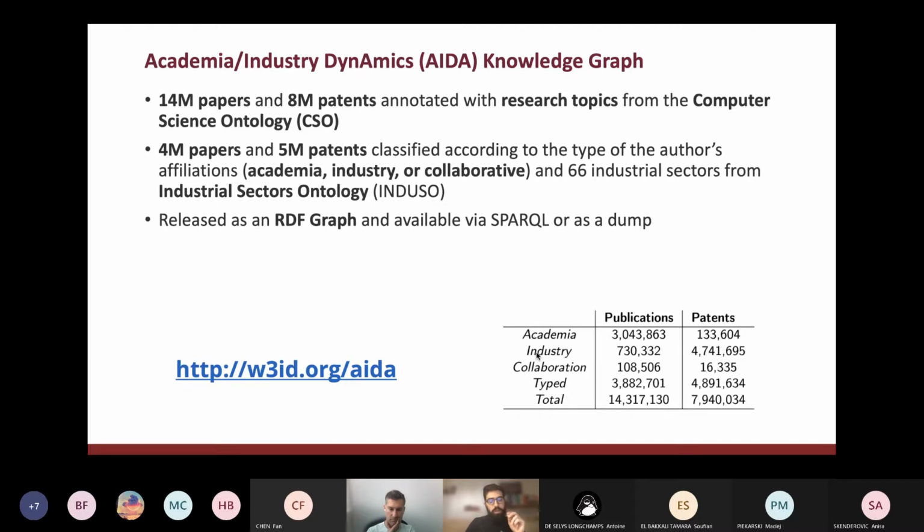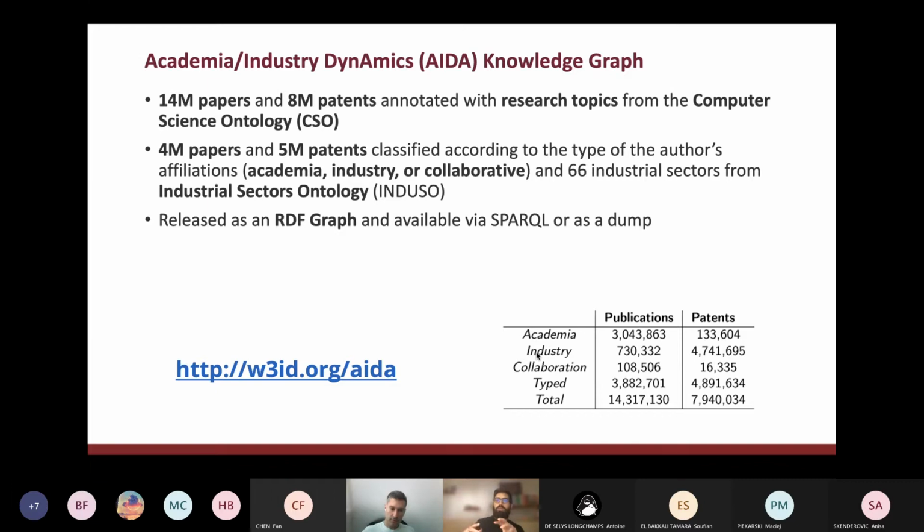Then what we have as well is that out of these 14 million papers and 8 million patents, 4 million papers and 5 million patents have been classified according to the type of author affiliation. So whether this paper has been written by an academic institution, industry, or collaborative.